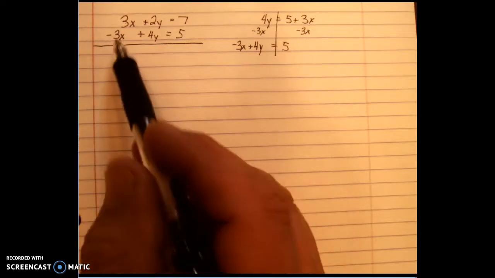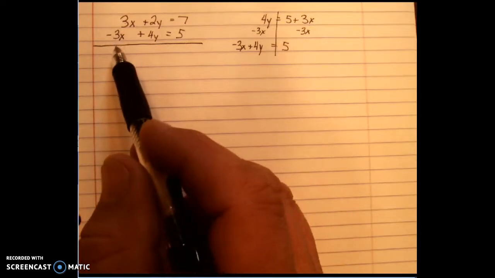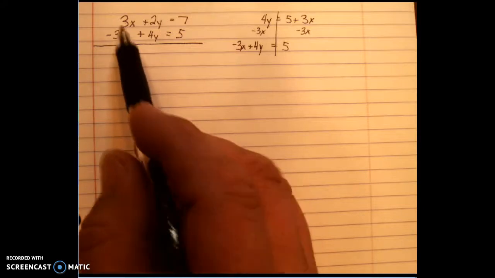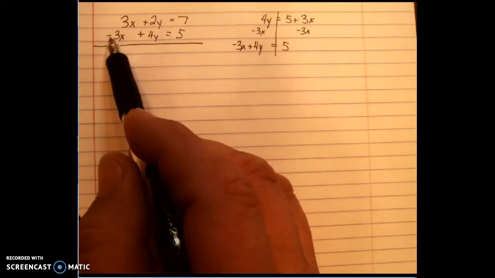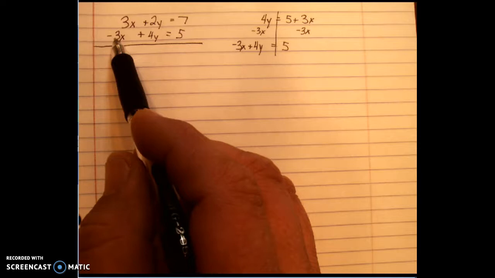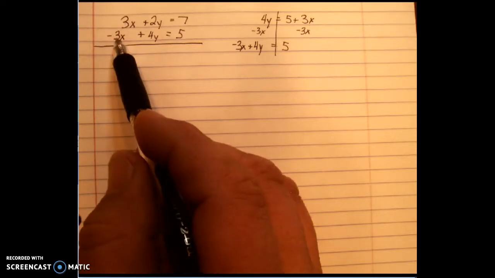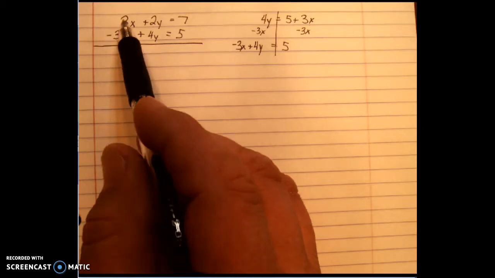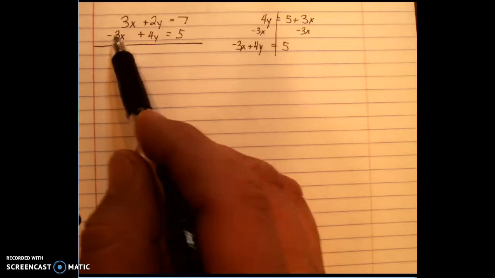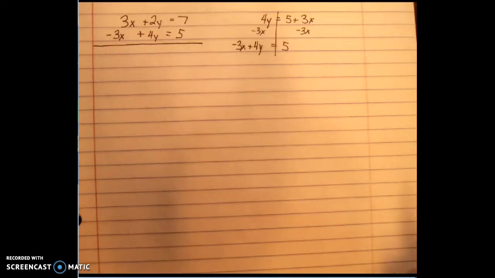So I have a 3 in front of the x, a negative 3 in front of that x. I'm going to either add or subtract them, and I want the answer to be 0. Should I add or subtract 3 and negative 3 to make it 0? Well, 3 plus negative 3 is 0, where 3 minus negative 3 would be a 6. So I want to actually add them together.